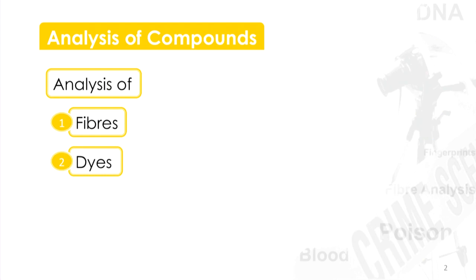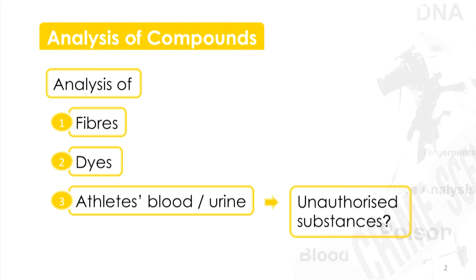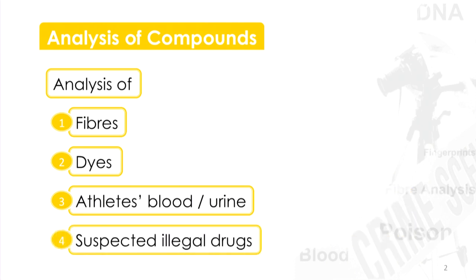As you all know, at major sporting events, the blood or urine of athletes is routinely tested for the presence of unauthorized substances. And this is another example of where we would want to analyze for particular compounds. And one of the major applications of this kind of chemistry is in the analysis of suspected illegal drugs.